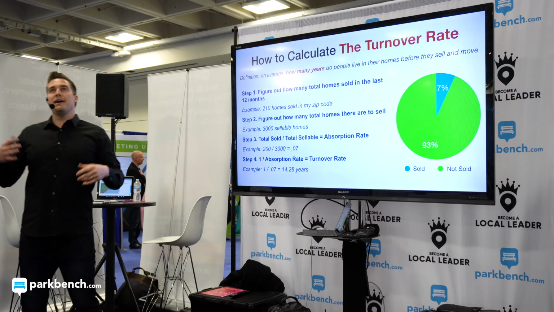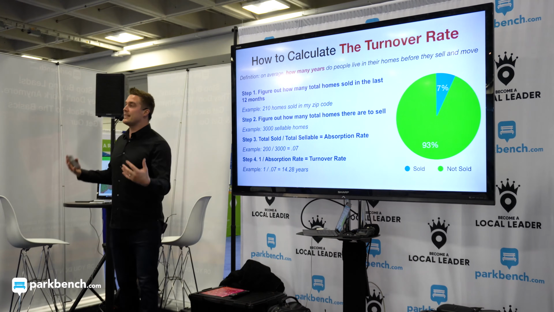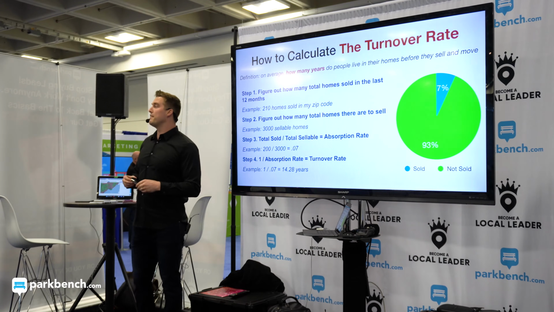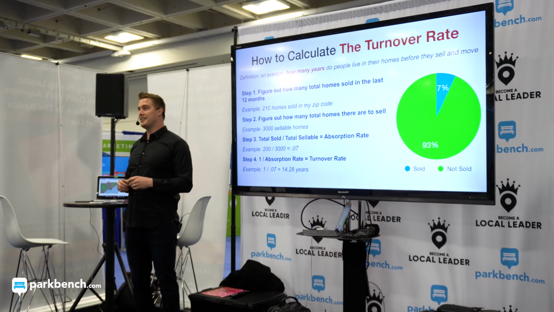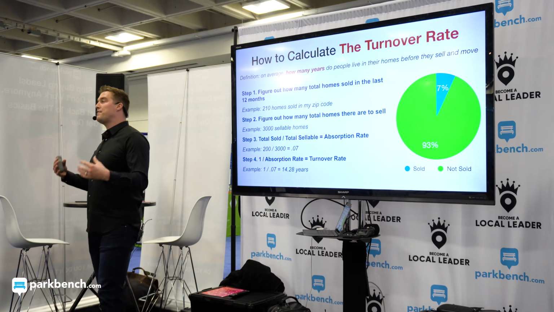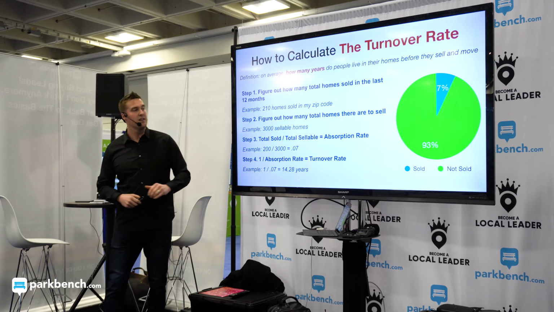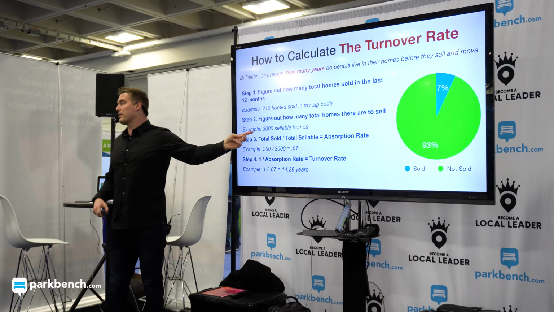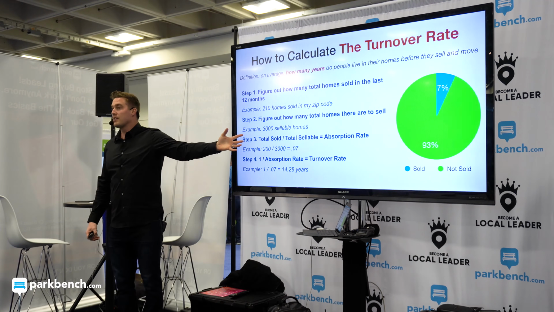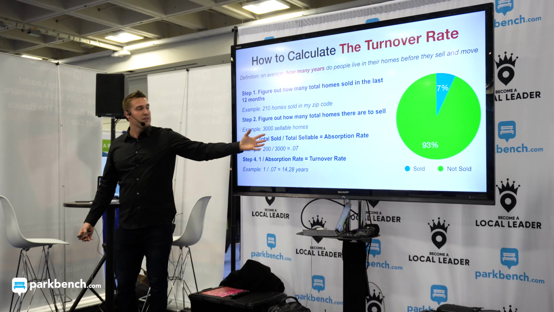Every agent walking by right now, if you don't know the turnover rate of your market, you cannot predict when you will make money. But if you do, you can. And so when 50% of agents fail their first year, and 95% fail in 5 years, it's because they don't know this number. Because when you know this number, building a business is really simple.